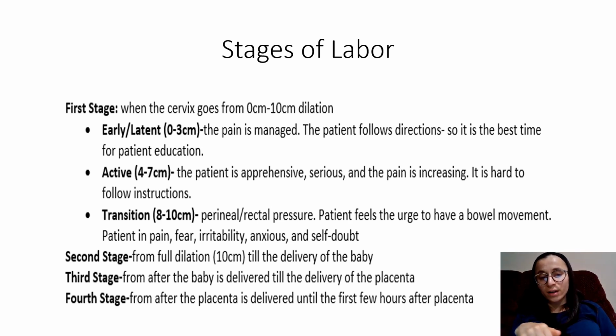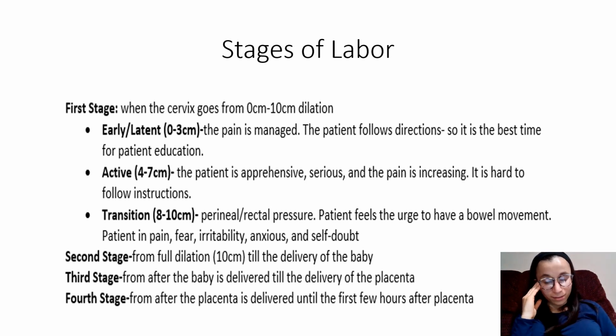So early is when the mom is 0 to 3 centimeters, the pain is managed, she's like, oh, this is fine, I'm so excited for the baby. It's a great time to give her direction because she's mentally there, not in a ton of pain, so she can listen. The next one is active, 4 to 7 centimeters, when their pain is increasing, they're getting more serious, it's hard for them to follow instructions, they're concentrating on the pain.